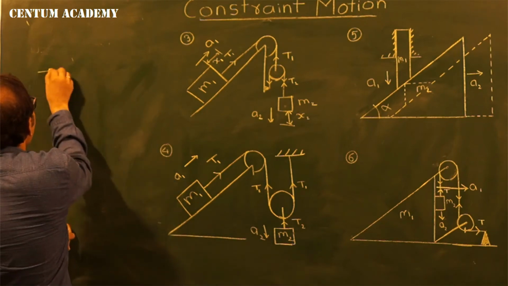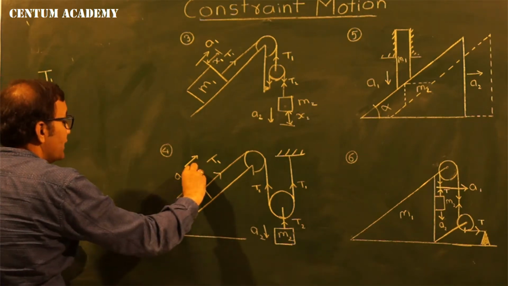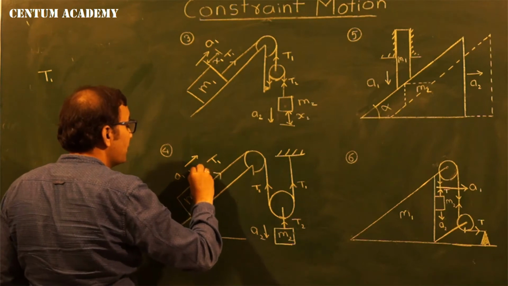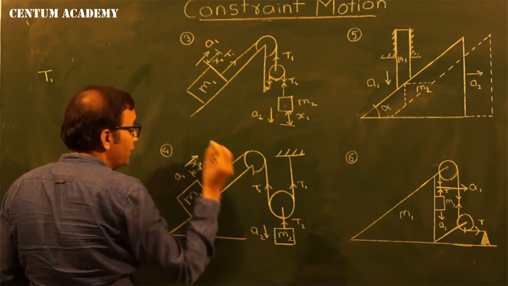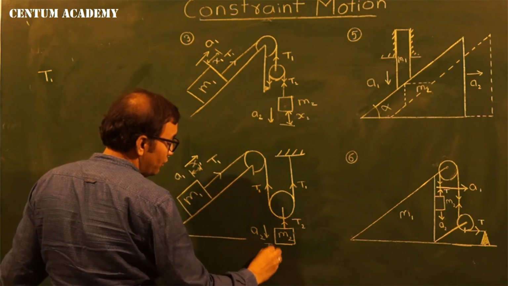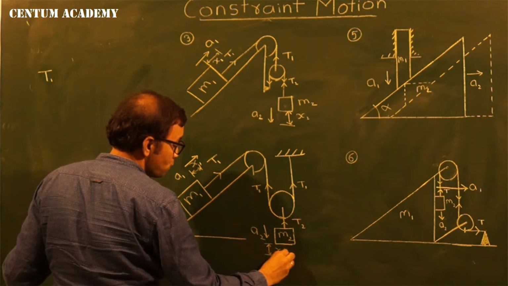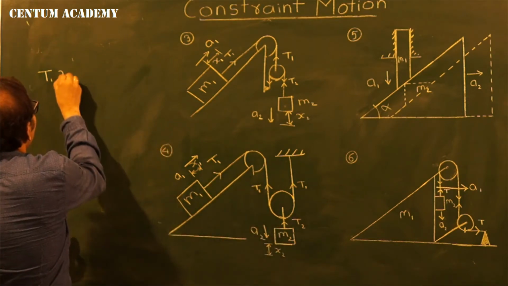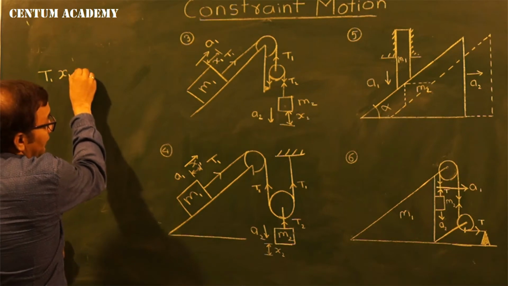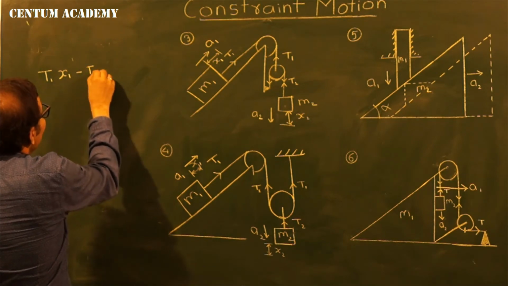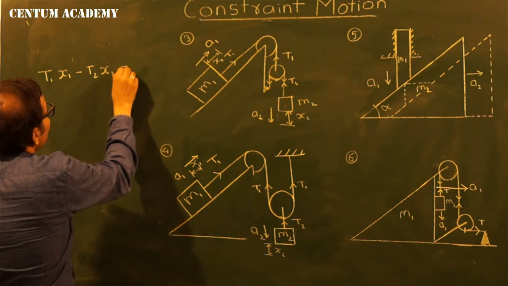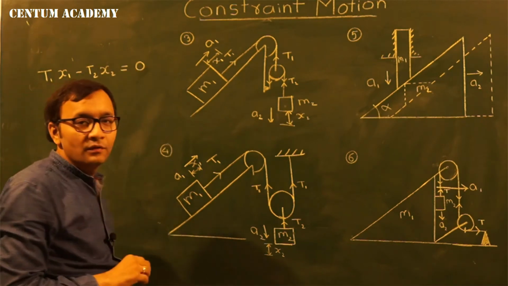So T1, let us assume that this goes up by x1 and this goes down by x2. So T1 into x1 minus T2 into x2 should be equal to 0, right?